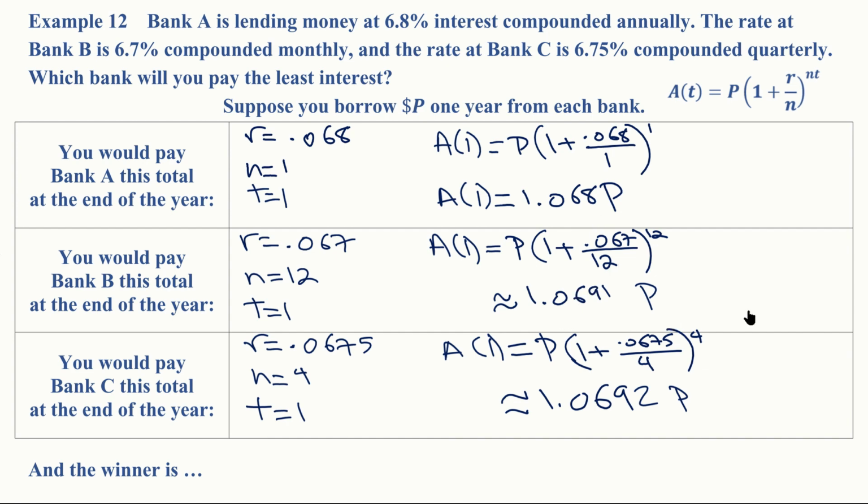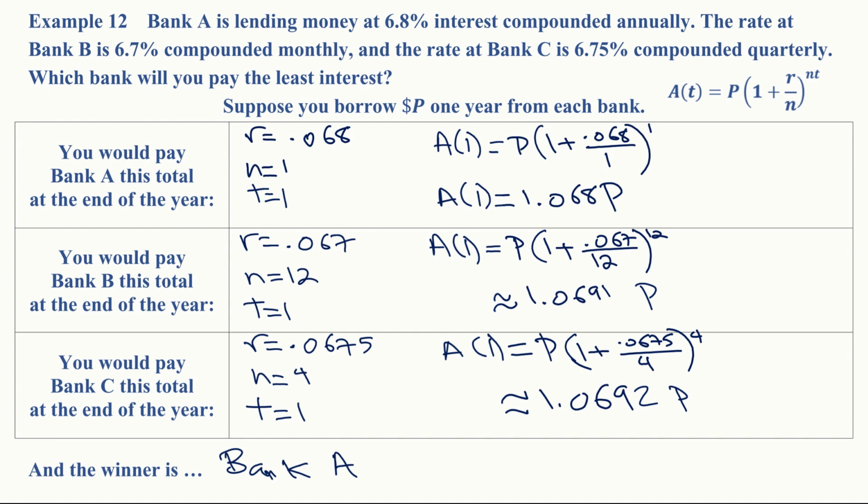Or this one will end up being, the interest will be 0.0691P. For this one, the interest would be 0.0692P, right? So basically, which bank will you pay the least interest? You would pay Bank A. So the winner is Bank A.